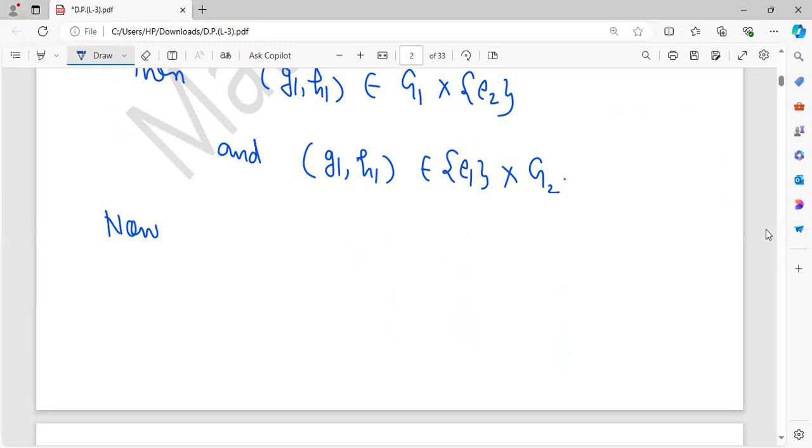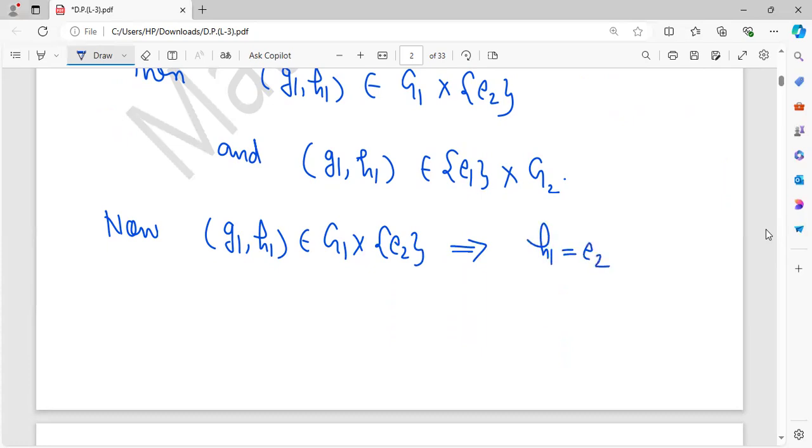Now (g1, e2) belongs to {e1} × G2. So this implies, because this belongs to this one, g1 will be equal to e1. And (g1, e2) belongs to {e1} × G2.